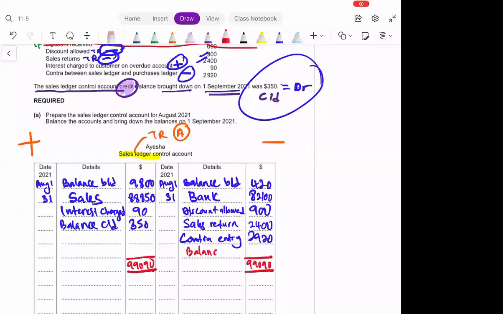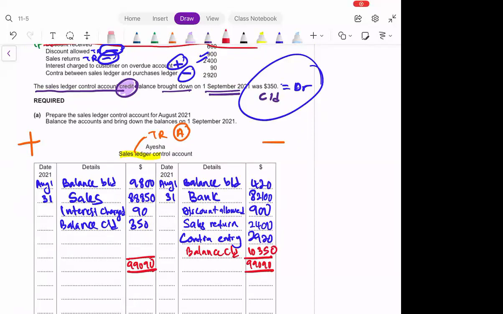How much is the other balance CD? Wait. This one correct or not? 99,090 minus 420, minus 82,100, minus 900, minus 2,400, minus 2,920. Oh yeah, I get 10,350.